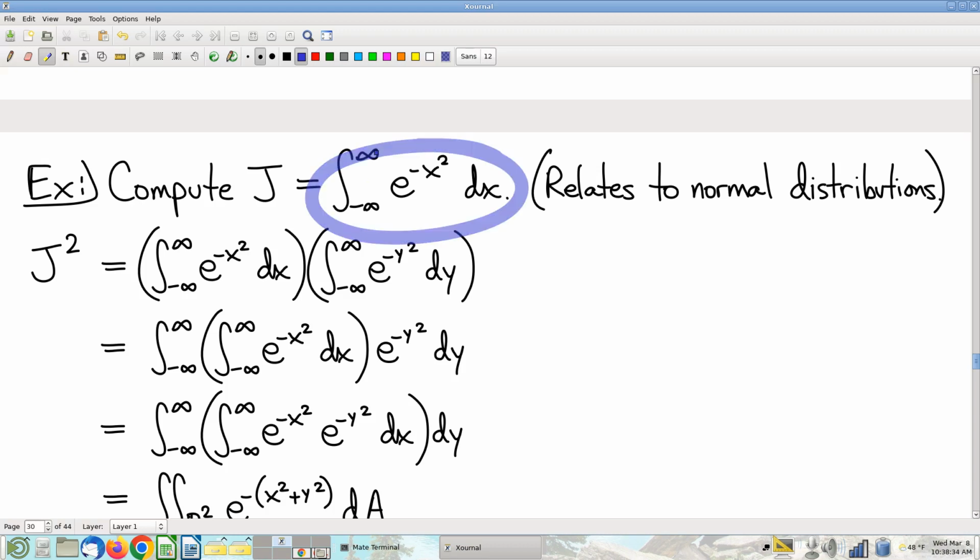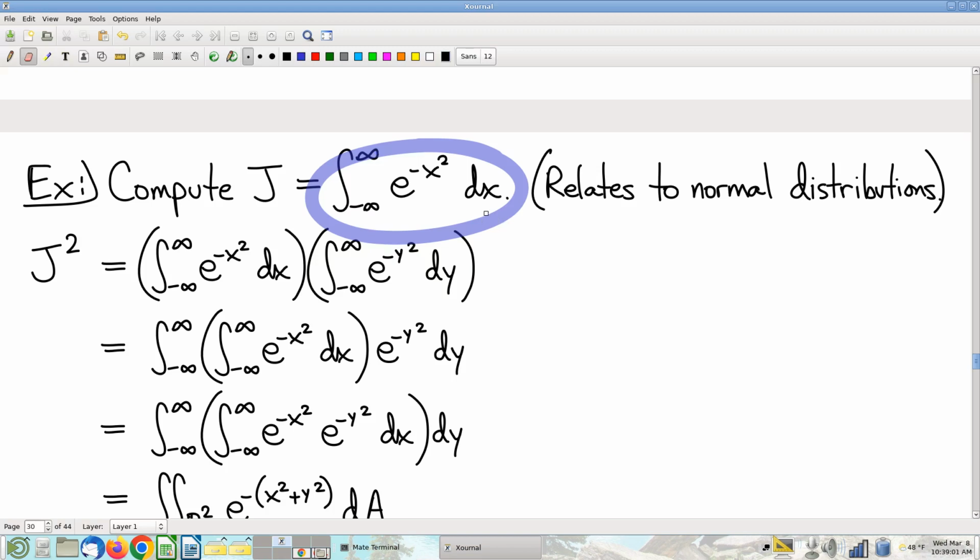Integral from negative infinity to infinity, e to the negative x squared. You may recall seeing this previously if you've ever taken a stat class, or if your Calc 2 class may have covered some stat in it. When you compute probabilities, very often when you have a random variable, you're computing an integral of what we call a probability density function.